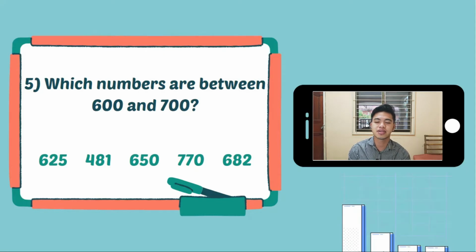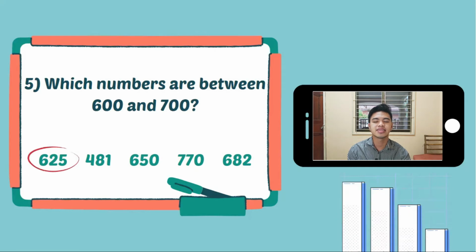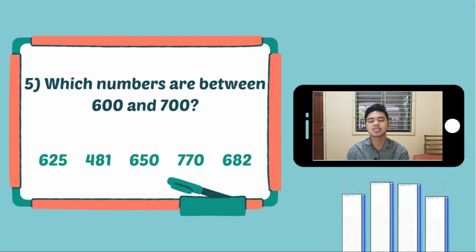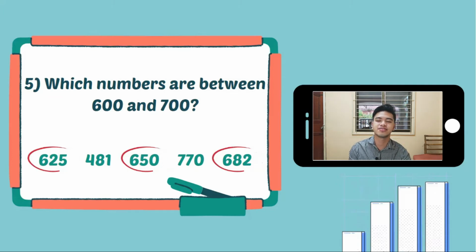Teacher Lance will look at the 3 numbers. Which are between 600 and 700? The first one is 625, the second one is 650, and the third one will be 682. Those are the numbers that are between 600 and 700.